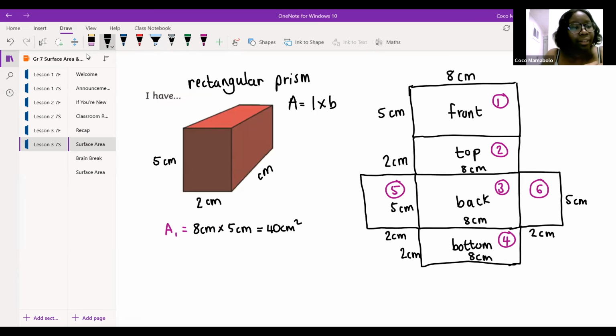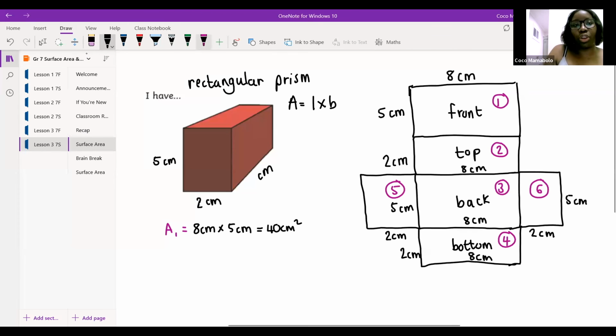Good. Now we're not done. We still need to find the area of 2, 3, 4, 5, 6. And when we find all of those areas, what are we going to do with them? Ma'am, we must add them all up and then get the total. Exactly, because that's what surface area is. Surface area is the total area of all of them. Do you get it? So basically, ma'am, do I have to say plus 8 centimeters times 2 centimeters?